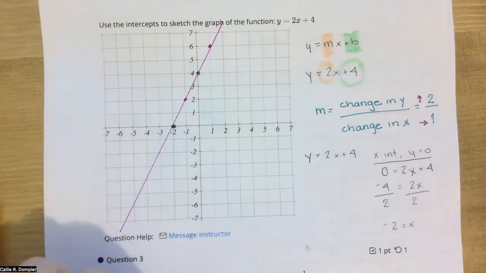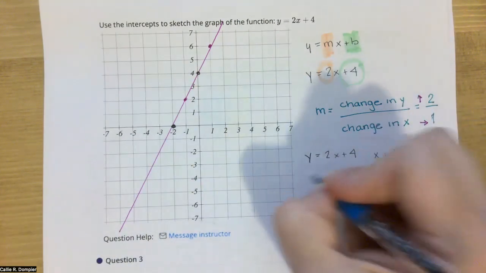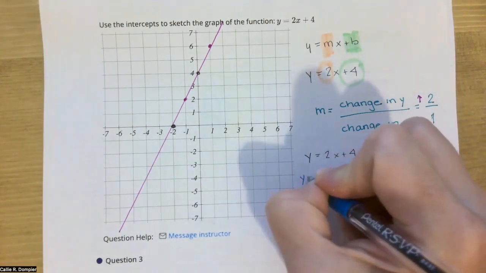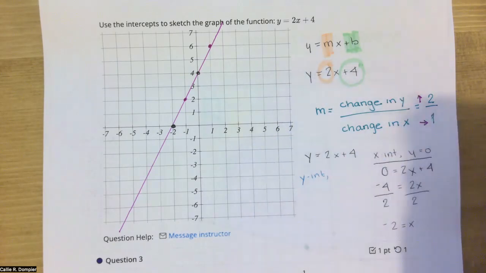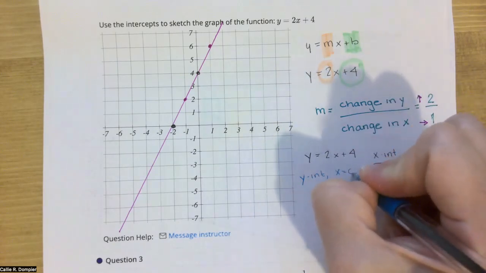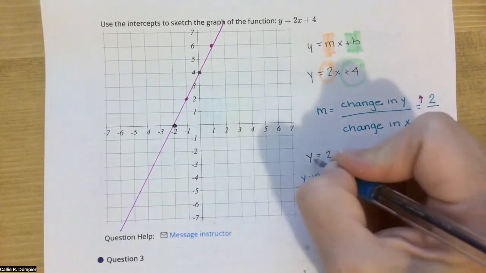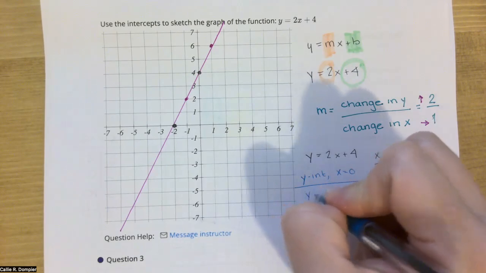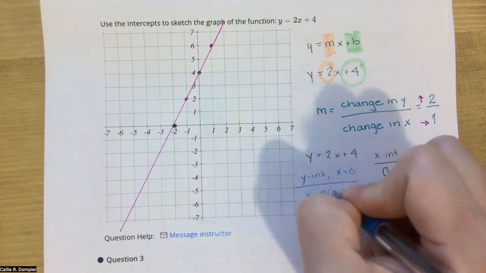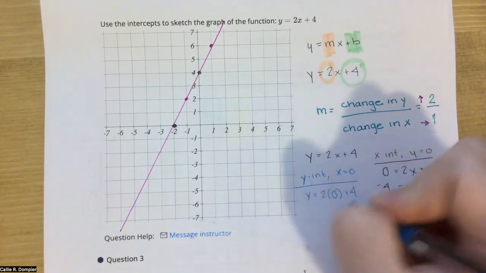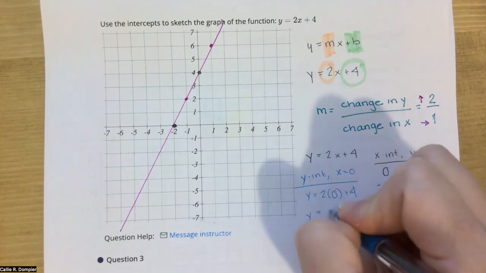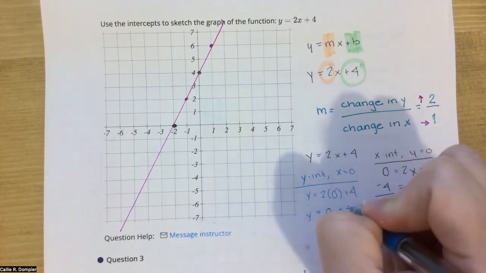To find your y-intercept, we set x equal to 0. So instead of y equals 2x plus 4, we have y equals 2 times 0 plus 4. Simplify that. 2 times 0 is 0 plus 4.